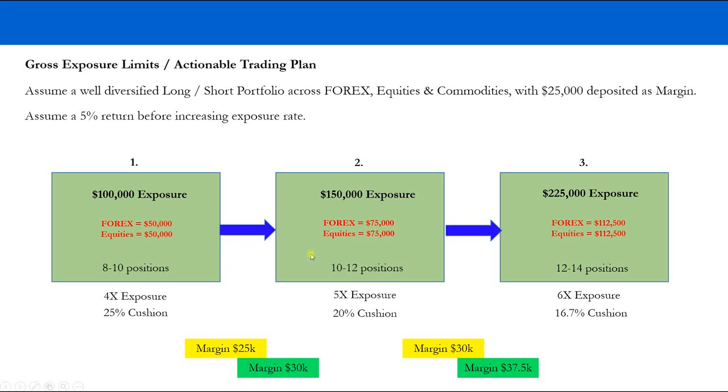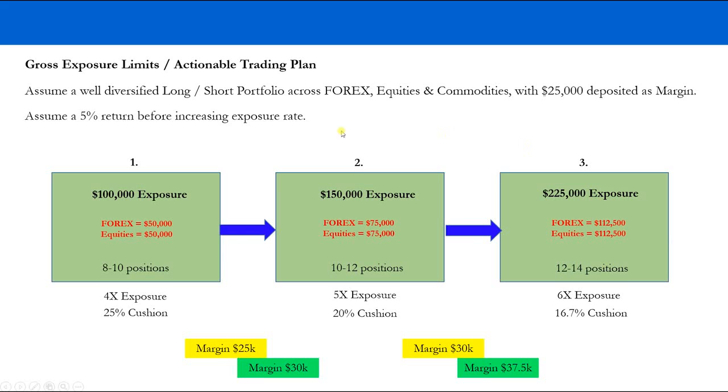However, as we make money, we have no restriction on our portfolio except our exposure rate of 6 times. So we want to be increasing our exposure as we're making money and as we're winning in the portfolio, so we can unleash the upside in the portfolio.